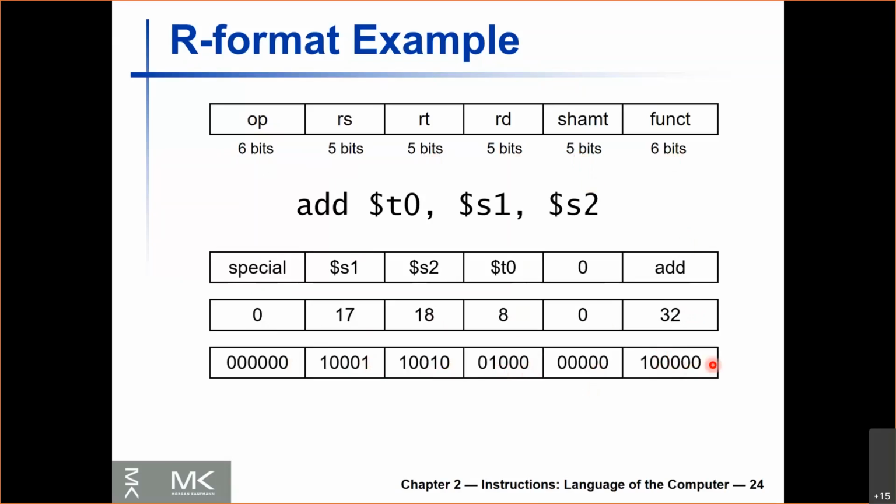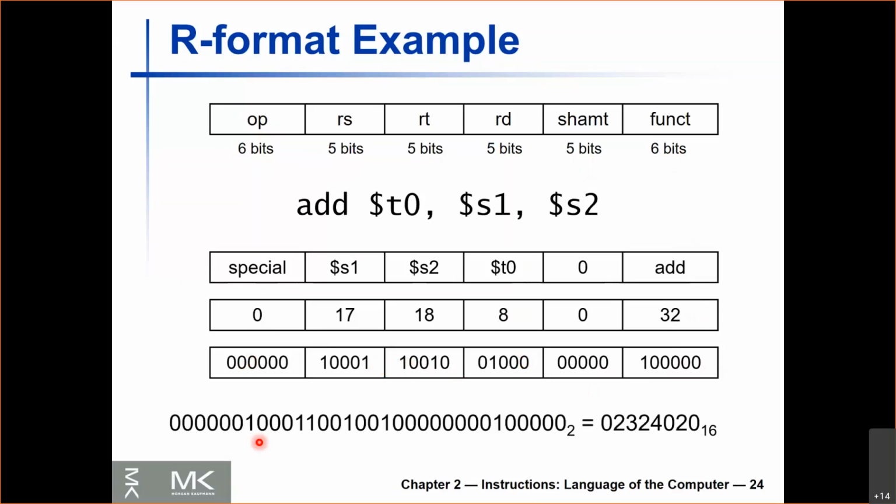So this sequence of 32 bits is how we represent add T0, S1, S2 in binary. If you have a program and all you have is the binary for that program, and you see this sequence of bits in this program, and you know this is a MIPS program, then you know that this sequence of bits represents add T0, S1, S2.